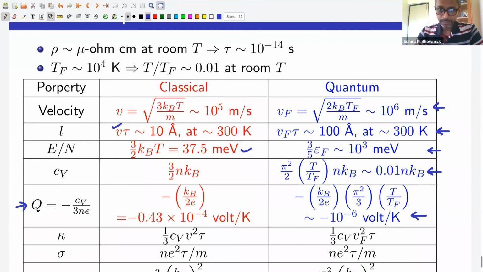And note that this thermopower, you can actually experimentally measure, and the experimentally measured value is actually matching with the quantum model. And even for C_V, you can measure it experimentally, and that also matches very well with the quantum model. So that means quantum theory is actually able to solve certain anomalies that we observed in classical theory.